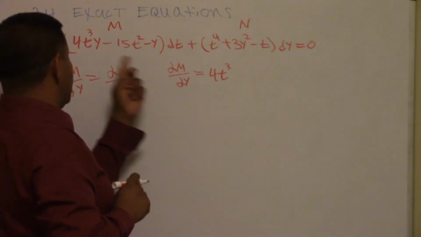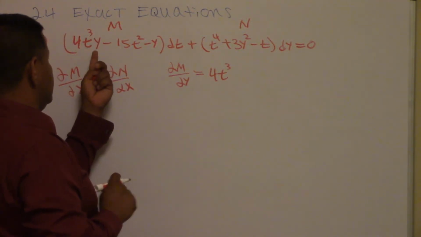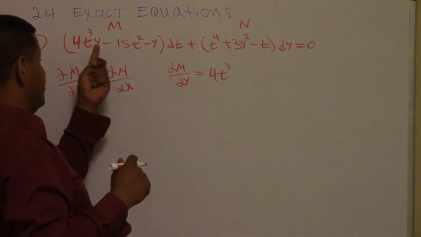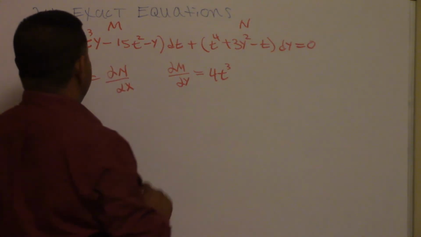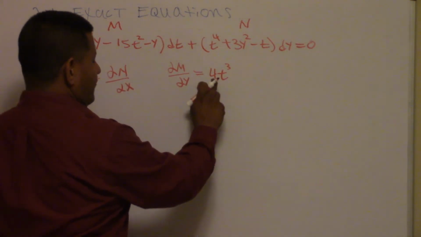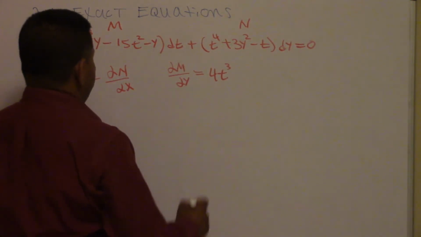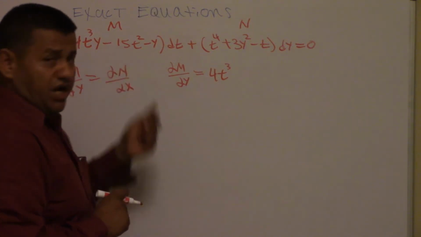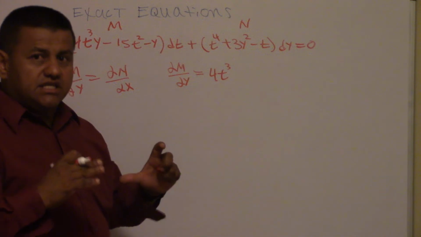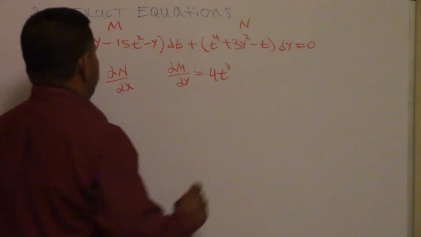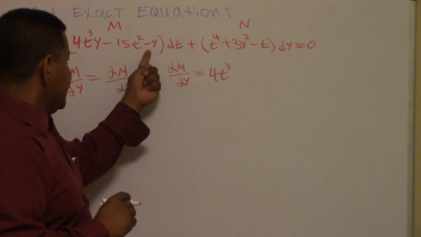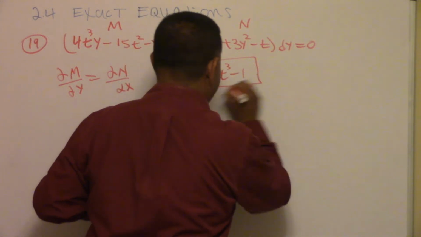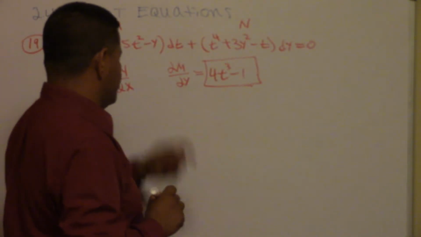I am treating 4t cubed as a constant in front of the y. The derivative of y is 1, so 4t cubed times 1 is just 4t cubed, right? Now, the partial derivative of negative 15t squared is 0, since I am treating 15t squared as a constant, okay? The derivative of negative y is negative 1, okay? So that is the partial derivative of m with respect to y.